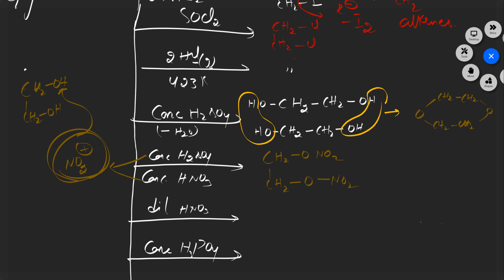Next, dilute HNO3. Dilute HNO3 will act as an oxidizing agent. So it is an oxidizing agent. It is going to convert that alcohol into carboxylic acid. It is going to form COOH, and one more COOH.